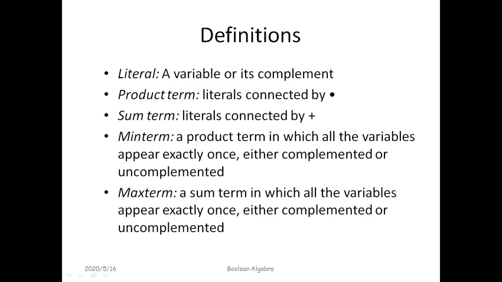And the sum term refers to variables or literals connected by the plus sign. Then the min term refers to a product term in which all the variables appear exactly once, either complemented or uncomplemented. Then we have the max term, which is a sum term in which all the variables appear exactly once, either complemented or uncomplemented.